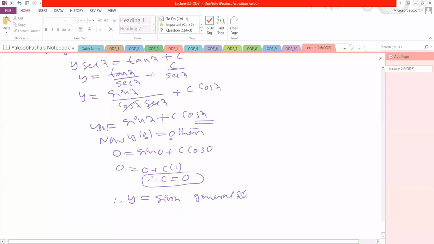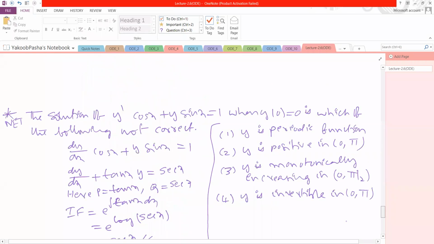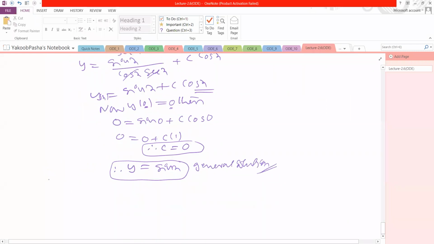Now, which of the following is not correct? Now we can check, the solution is nothing but sin x. We can check one by one. First option I am taking: y is a periodic function.